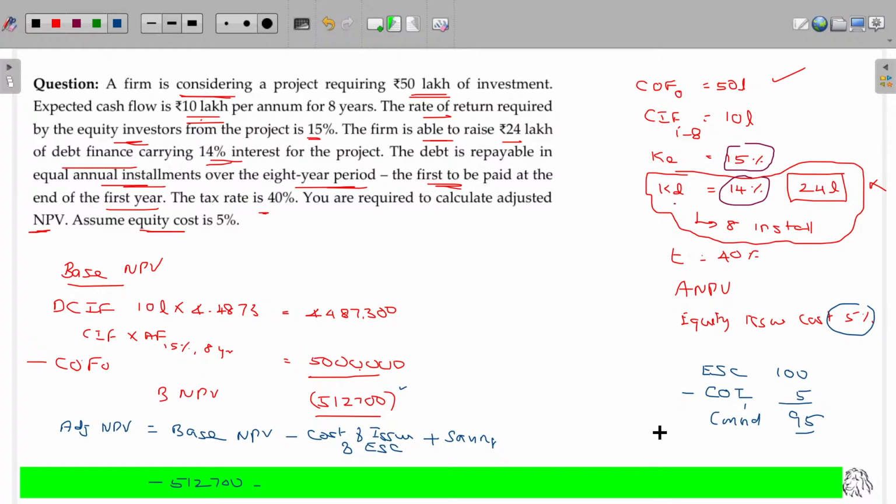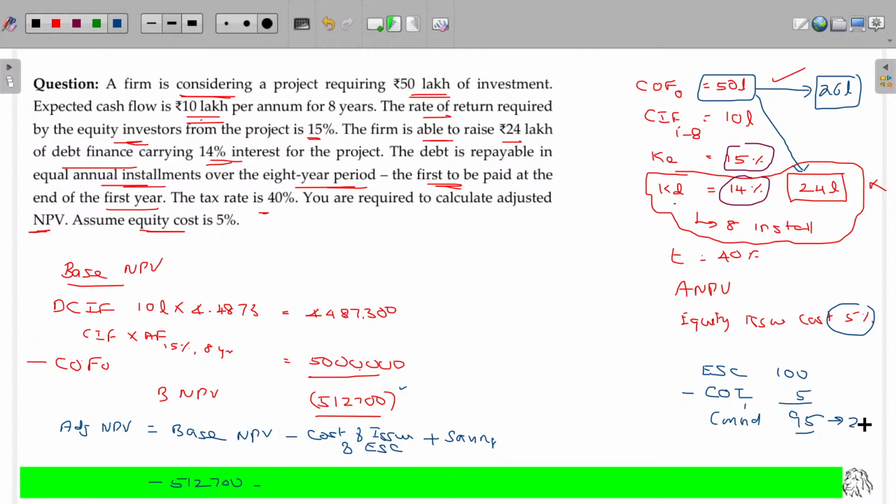How much do you need? You are in need of 50 lakhs rupees. As you plan to fund a part from KD, another part should be by way of equity shares. You need 26 lakhs in your hand from equity share collection. For every 100 rupees, you will have only 95 rupees in hand after the expenses.